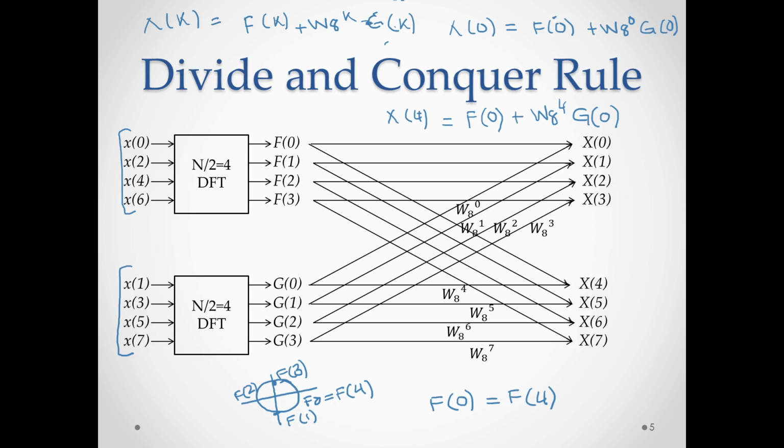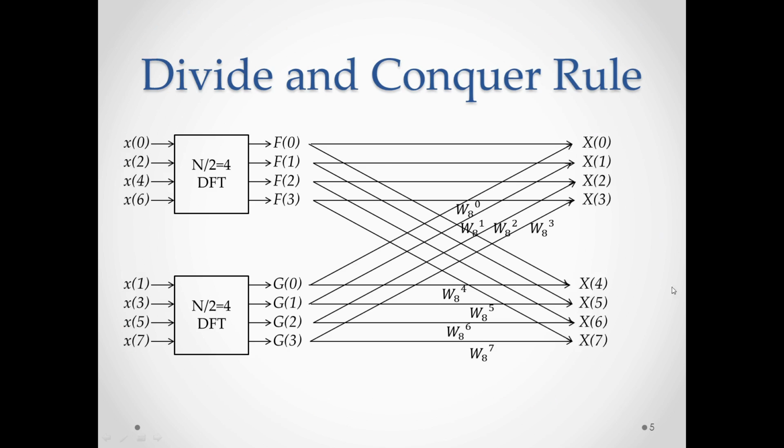So basically what we did over here is that we calculated an 8-point DFT, but we reduced our computation time. Let's see how much we reduced our computation time. For an n-point DFT, our computation time was equal to n square.